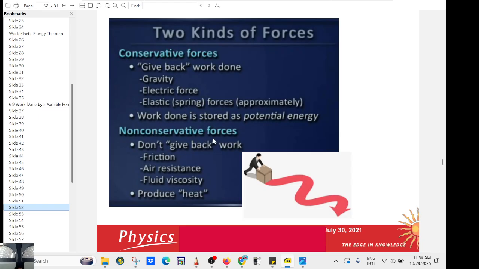Non-conservative force means that you cannot get it back, you lose. So if you push this along that path, or if you push it straight, it's not going to be the same thing. Here you're going to lose more heat. So the path you take matters. So these are called non-conservative forces.